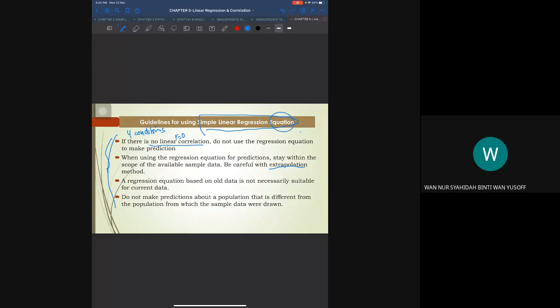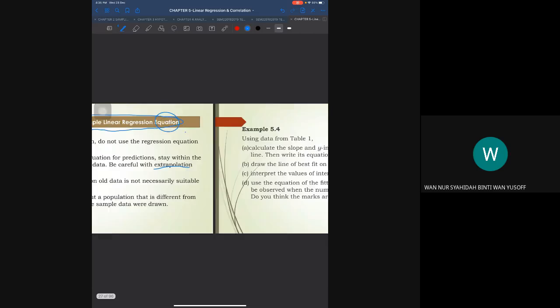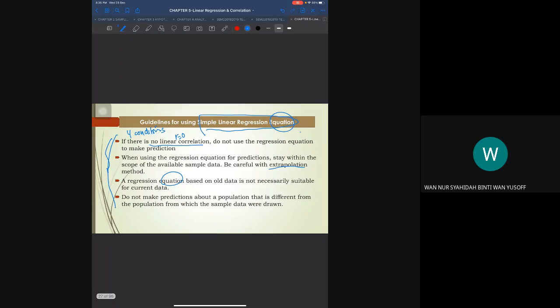Sometimes the result that you get will be invalid. A regression equation based on old data is not necessarily suitable for current data. Let's say we need to predict something current, we cannot use the equation from 10 year old data. You have to use a current model built from current data.